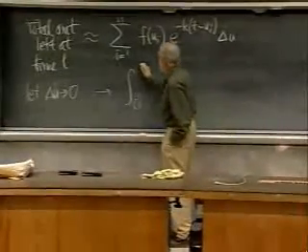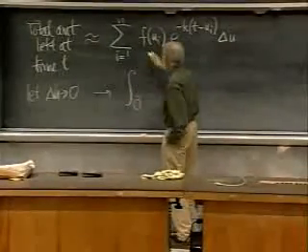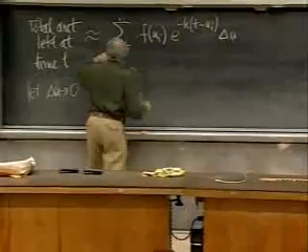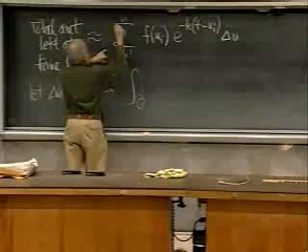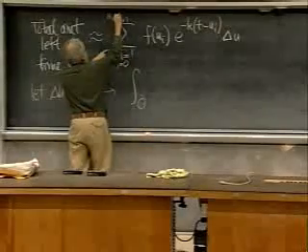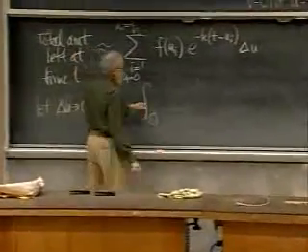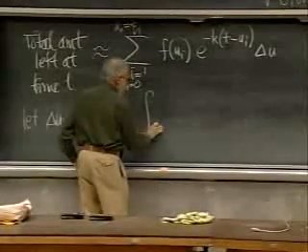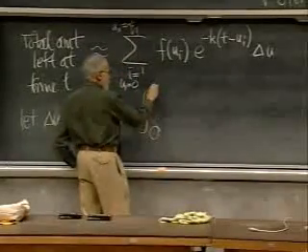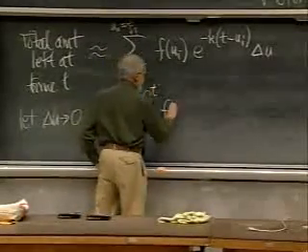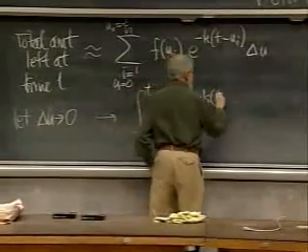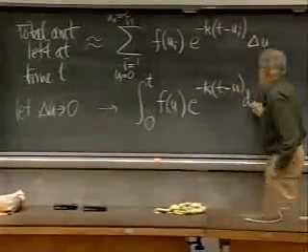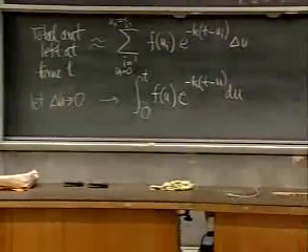It approaches the integral from u equals 0 to u equals t, the final value. So it will be the integral from the starting point to the ending point of f of u e to the minus k times t minus u du. That's the answer to the problem.